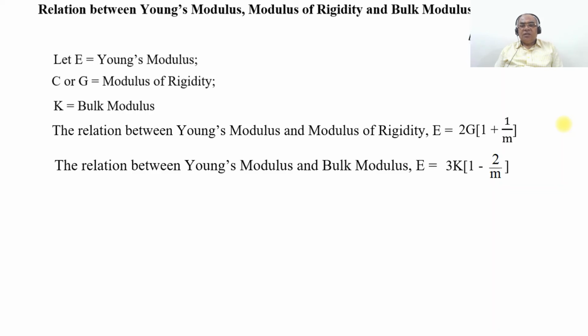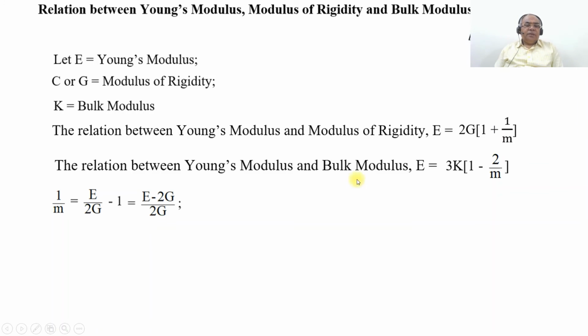As the Young's modulus E is the same on both the left hand side and the right hand side, what is 1 by m? 1 by m will be equal to E by 2G minus 1. So once you get that.